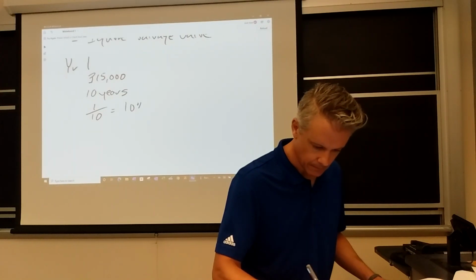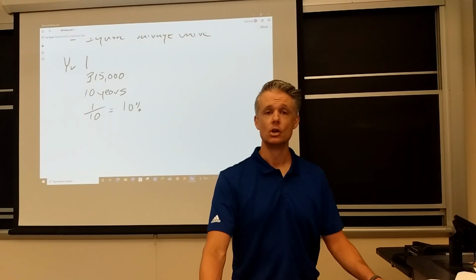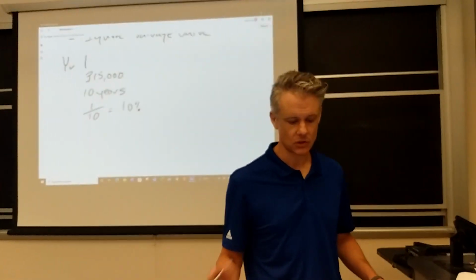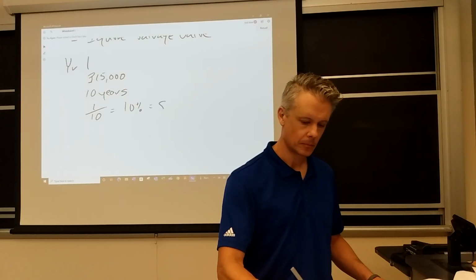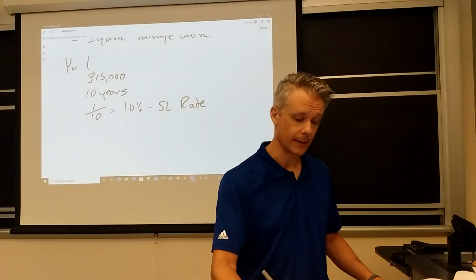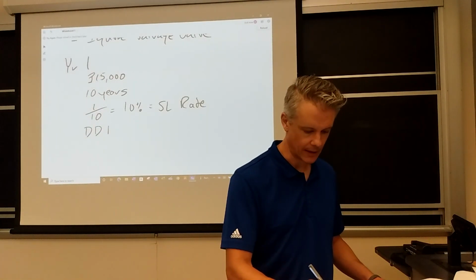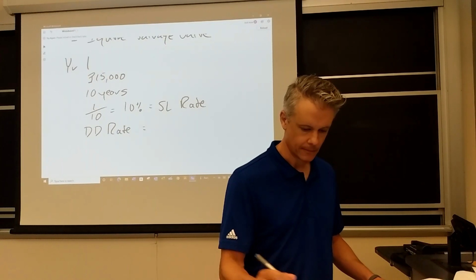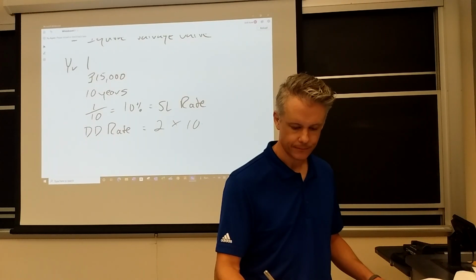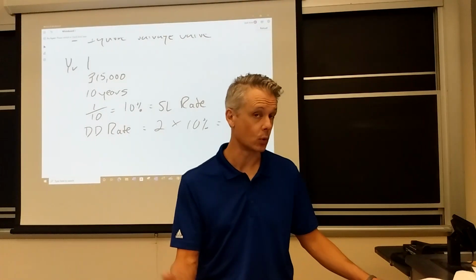This would be 10% each year, right? So when we use the double declining method, we take this straight line rate, we multiply it by 2. So our double declining rate equals 2 times 10%, or 0.20.